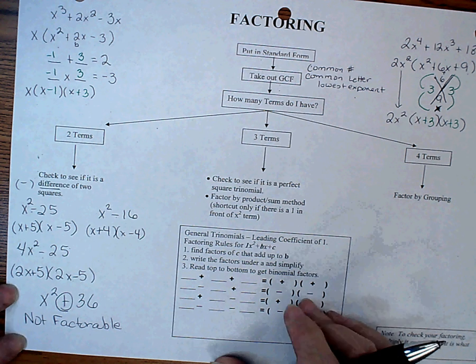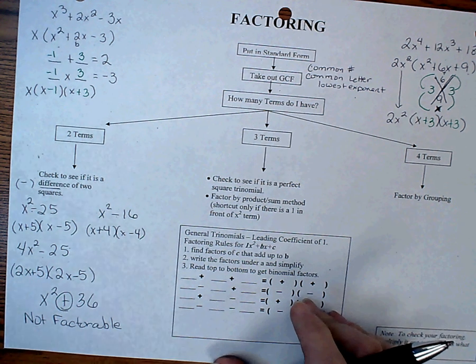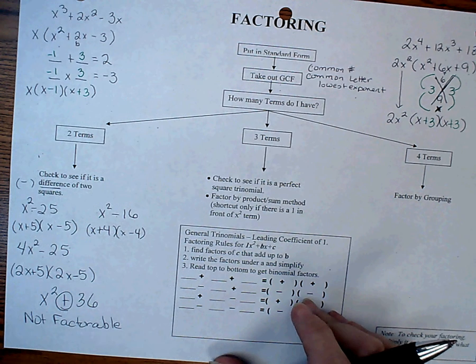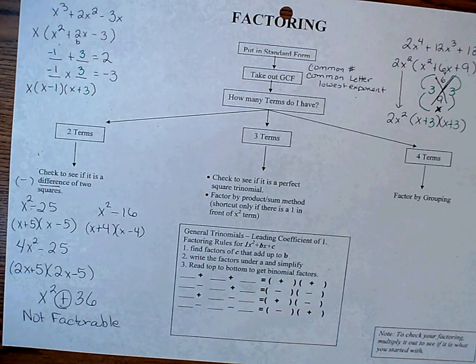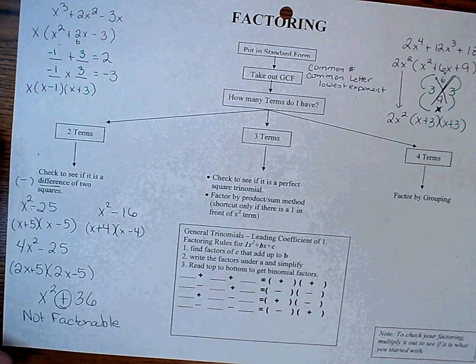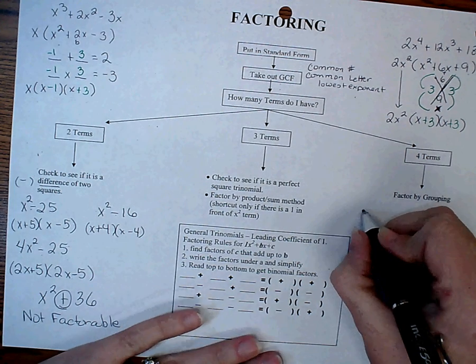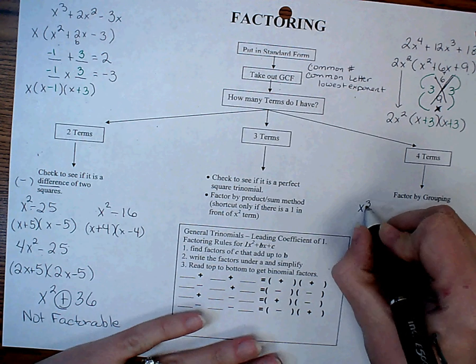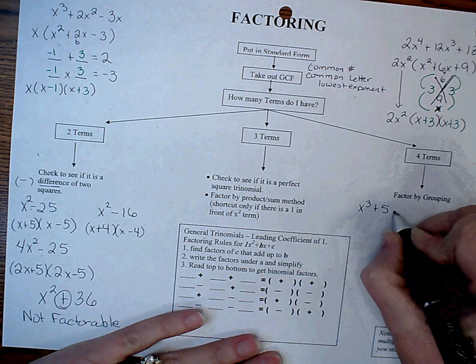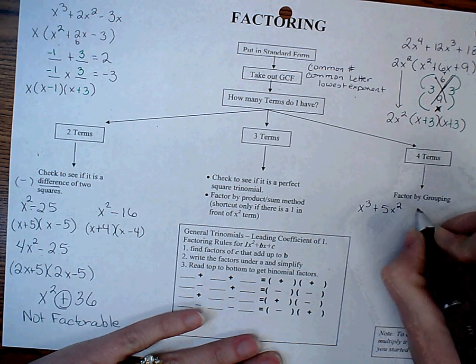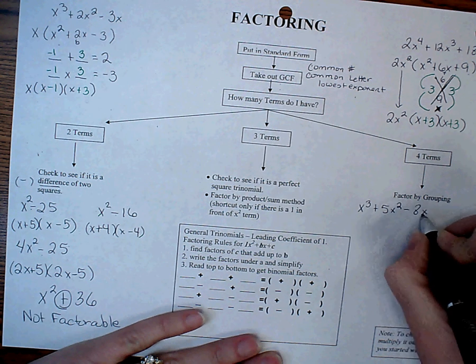Okay, so what happens when we have 4 terms? When you have 4 terms, you have to look at it a little bit differently. So the first one we're going to do is x to the third plus 5x squared minus 8x minus 40.